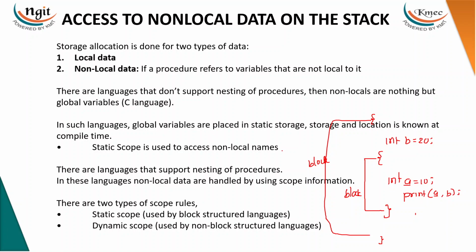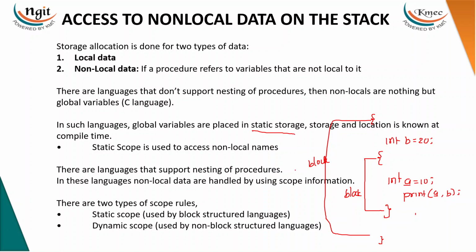A procedure can call another procedure, that is allowed, but writing a procedure inside another procedure is not allowed. In that case, all the non-local data will be stored as global variables in the static storage, and we know about that at the time of compilation.